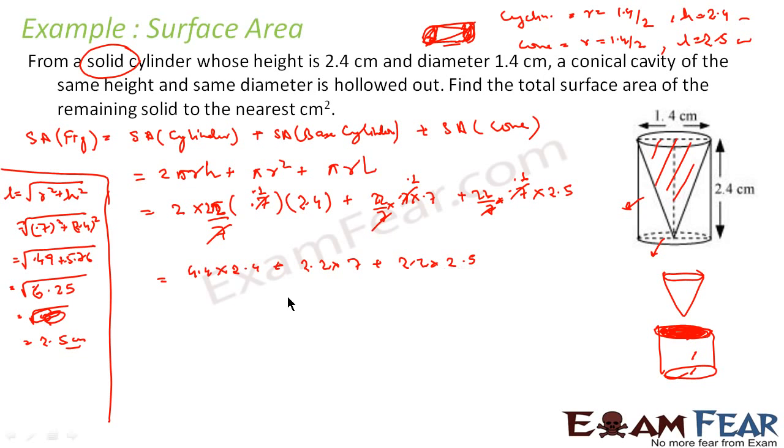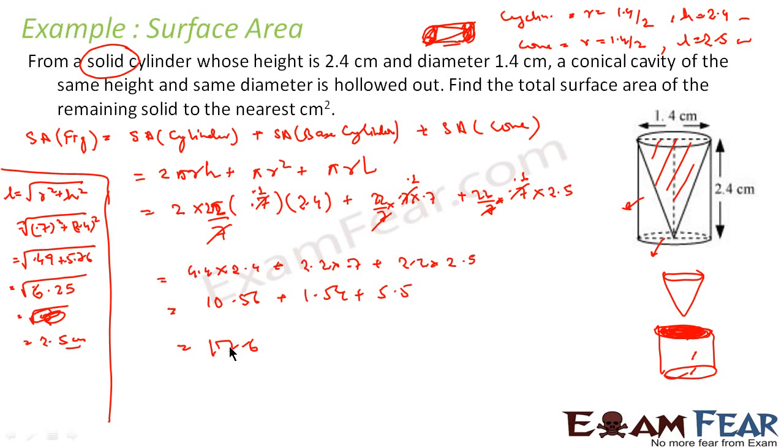So if you solve this, 4.4 into 2.4 becomes 10.56 plus 2.2 into 0.7 actually, right? Yeah, 2.2 into 0.7. Correct? So this becomes 1.54 and 2.2 into 2.5 becomes 5.5. So if you add this, this becomes 17.6.